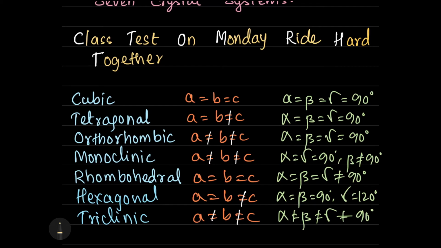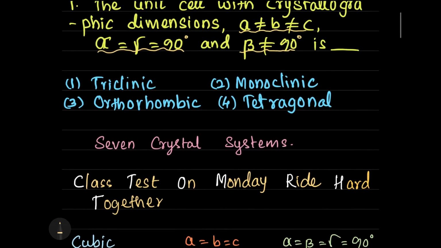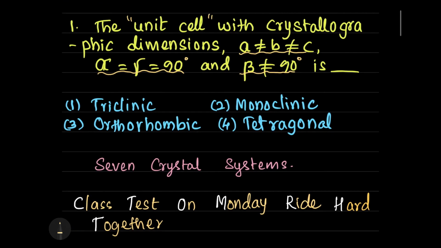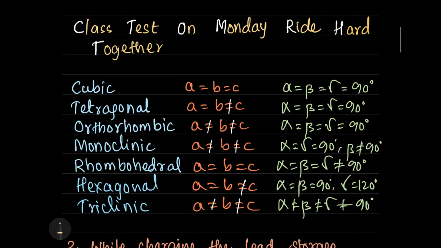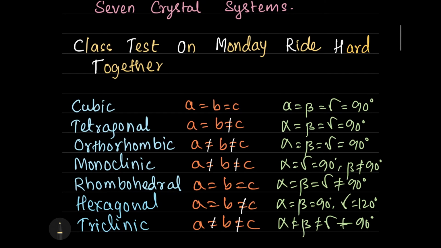Let's see the options again and see which condition is satisfied in this case. As you can see here, a is not equal to b and b is also not equal to c, where the angles alpha is equal to gamma is equal to 90 and beta is not equal to 90 degree. Which example satisfies this case? Monoclinic is the correct answer in this case.